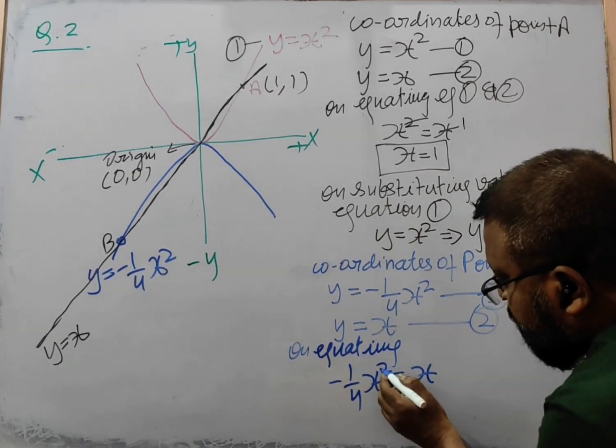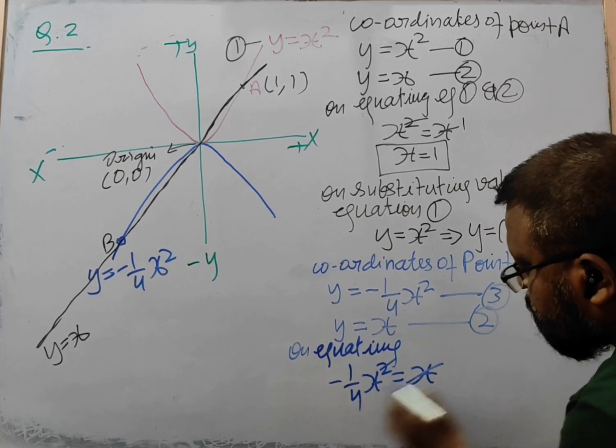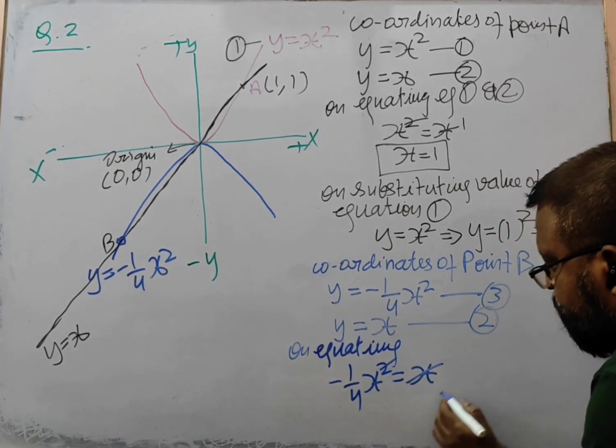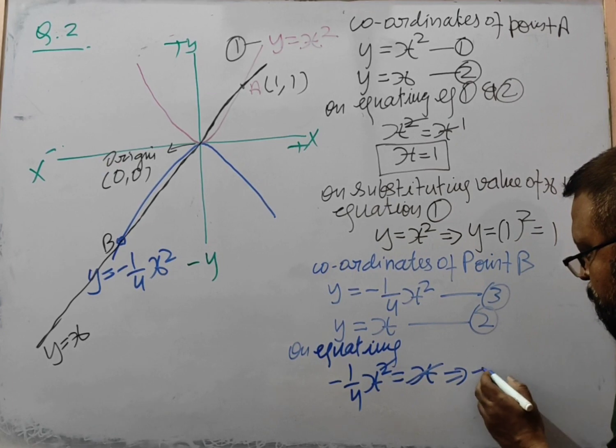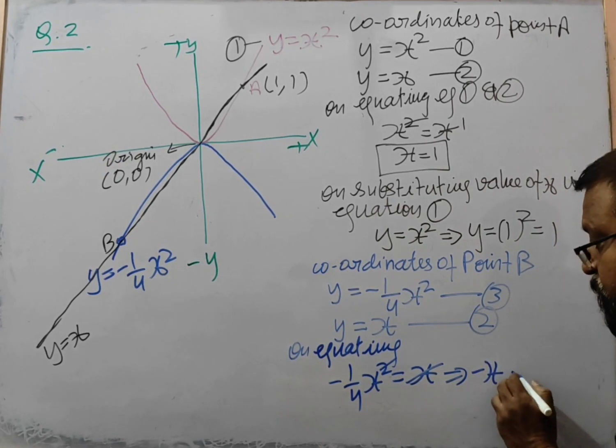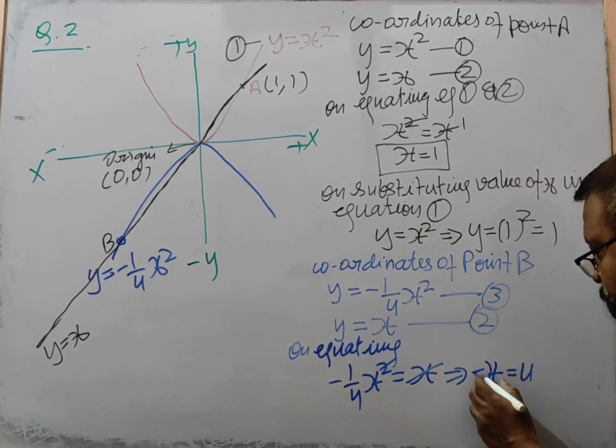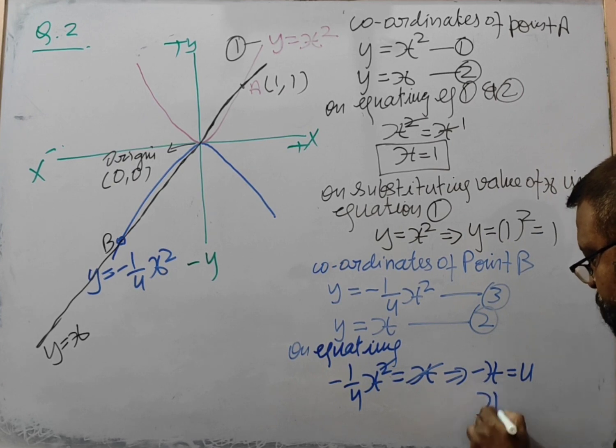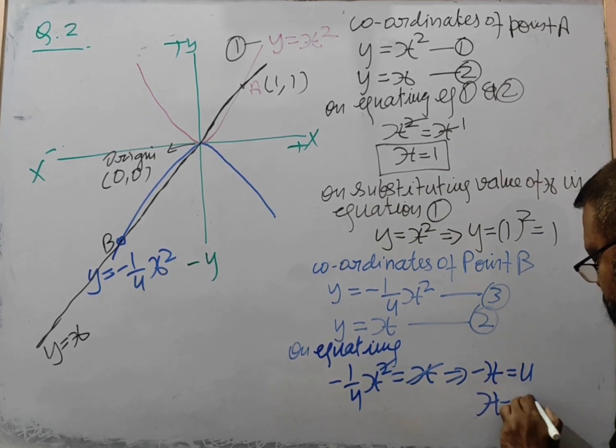So this x and x is gone, and this 4 comes to this side, so we can write it minus x is equal to 4, or we can write it x is equal to minus 4. Got it?